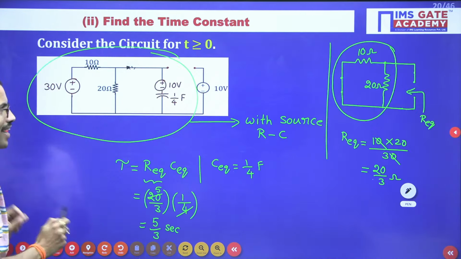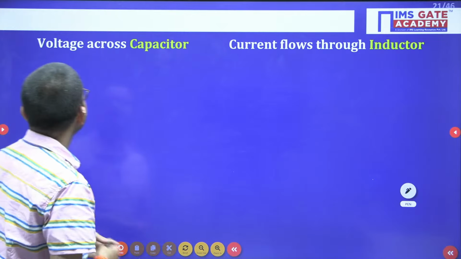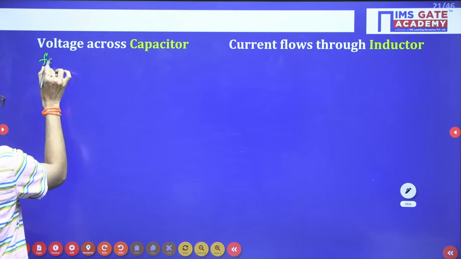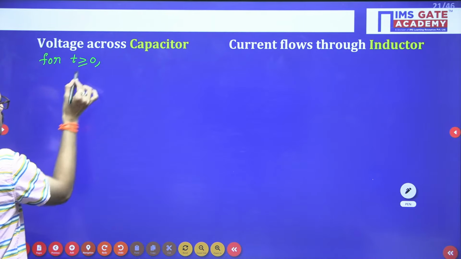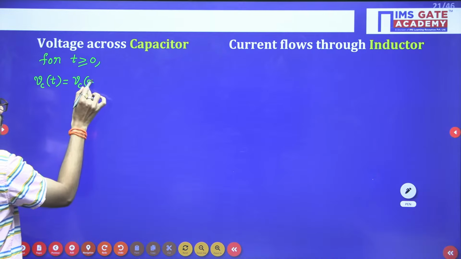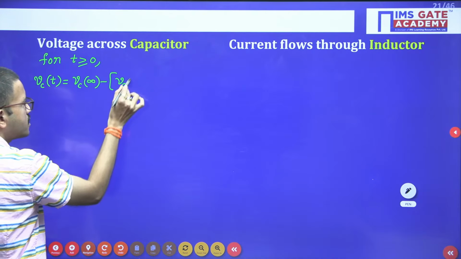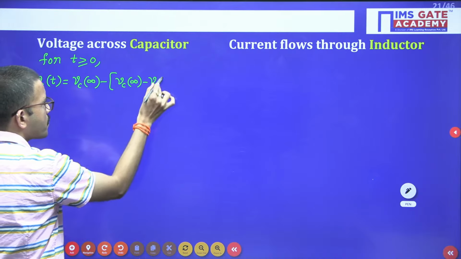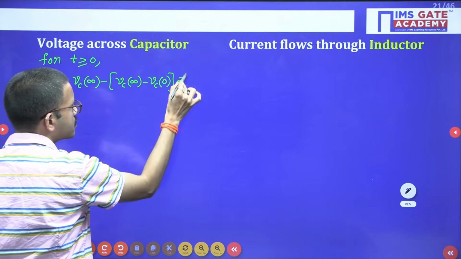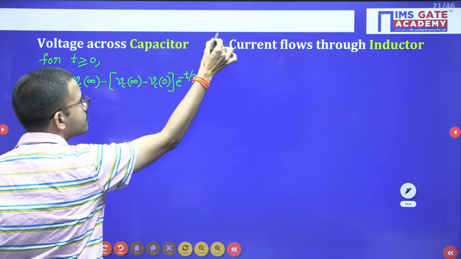Now, in order to find the voltage across the capacitor for t greater than or equal to 0, the equation will be like this: Vc of t is equal to V final minus V initial... sorry, V final plus, V final minus V initial into e power minus t by tau.